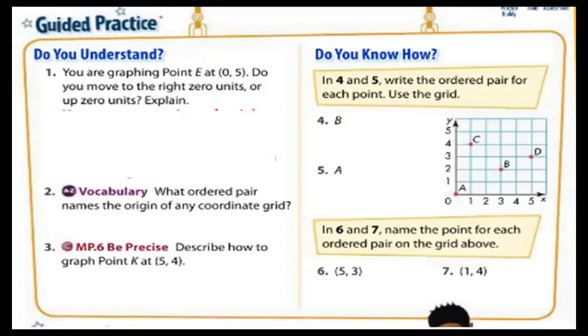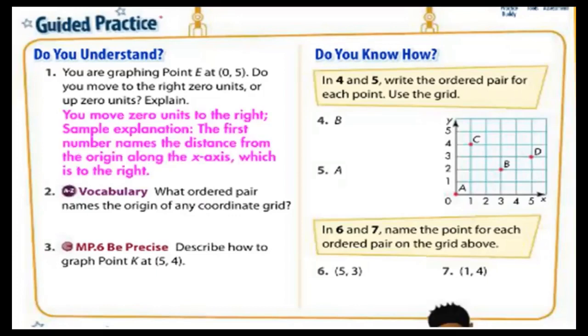So you are going to move 0 units. It means you are still over the axis, okay? Over the x, okay? Or up 0 units. You will stop where? Up or on the right? Let's see. You will move 0 units to the right. So it means you will not move from the x-axis.